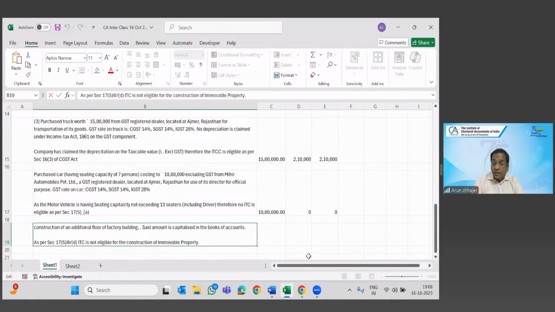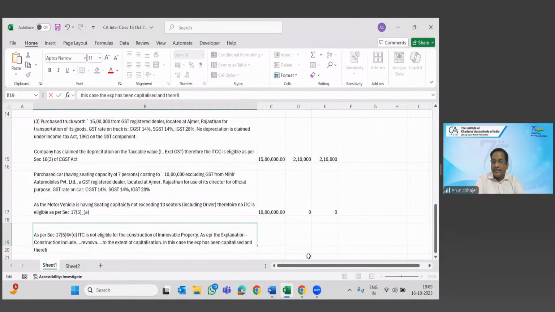And as per the explanation, construction includes renovation, etc., to the extent of capitalization. In this case, the expenses have been capitalized and therefore the ITC is blocked.